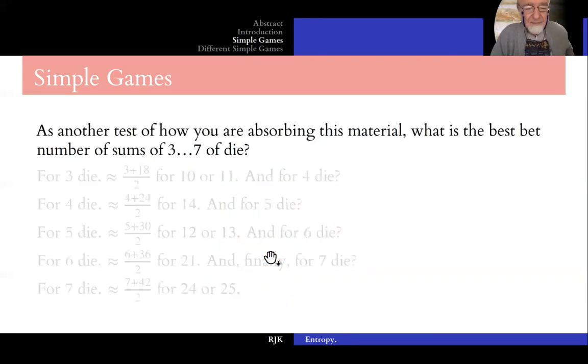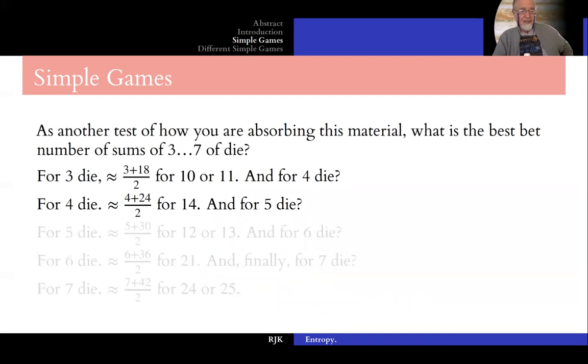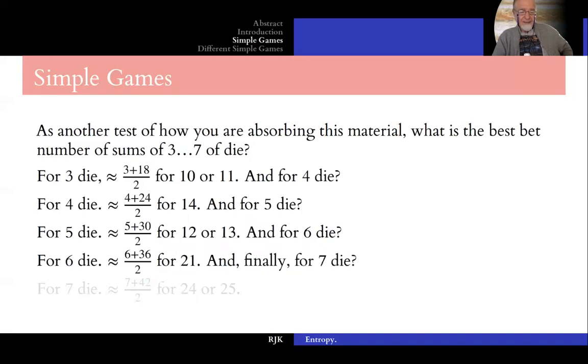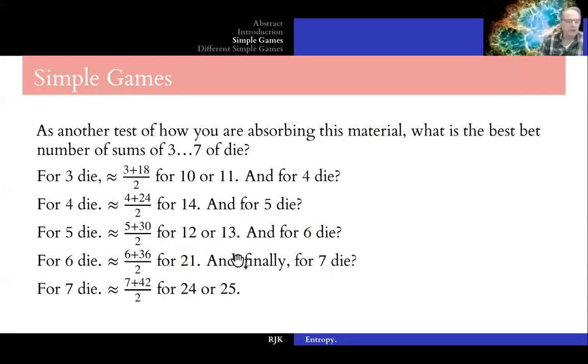That's the answer for 4 die. And 12 or 13 for 6, and 21 for 7, and 24 or 25 for 7. Oh, I'm sorry, that's for 6. Yeah, that was for 6, and this one's for 7, sorry.